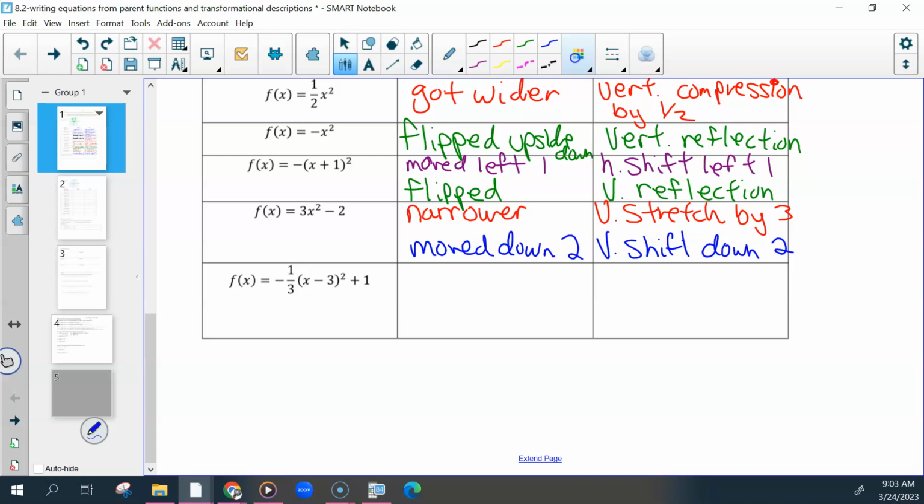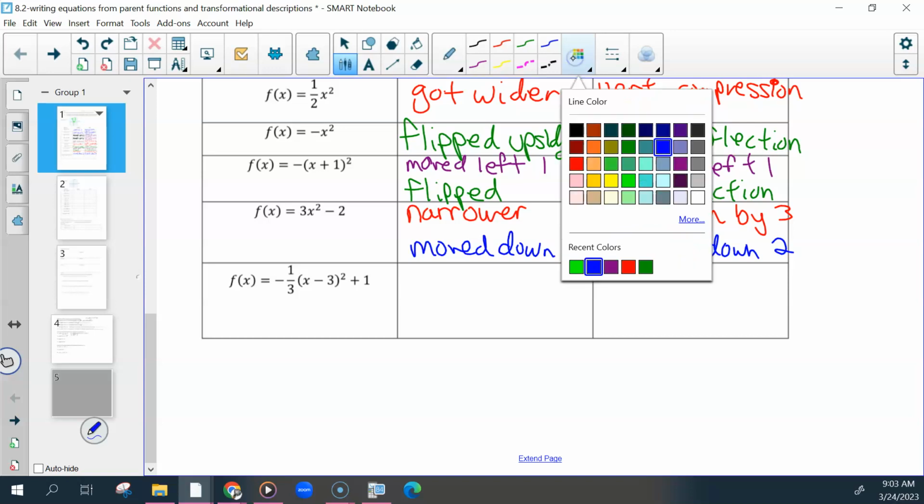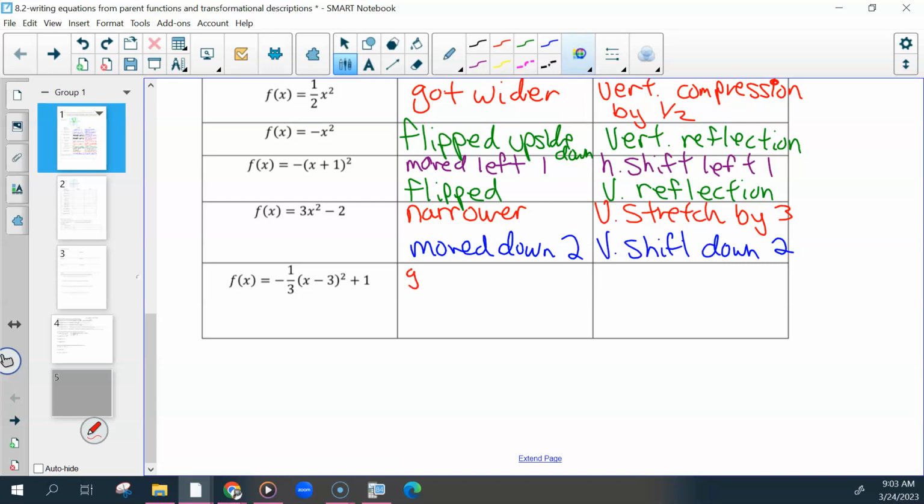Now this last one has a bunch of things, so take your time, graph it if you need to. What changed in this last one? It did get wider. And you don't have to go in order, but you can, it doesn't matter.